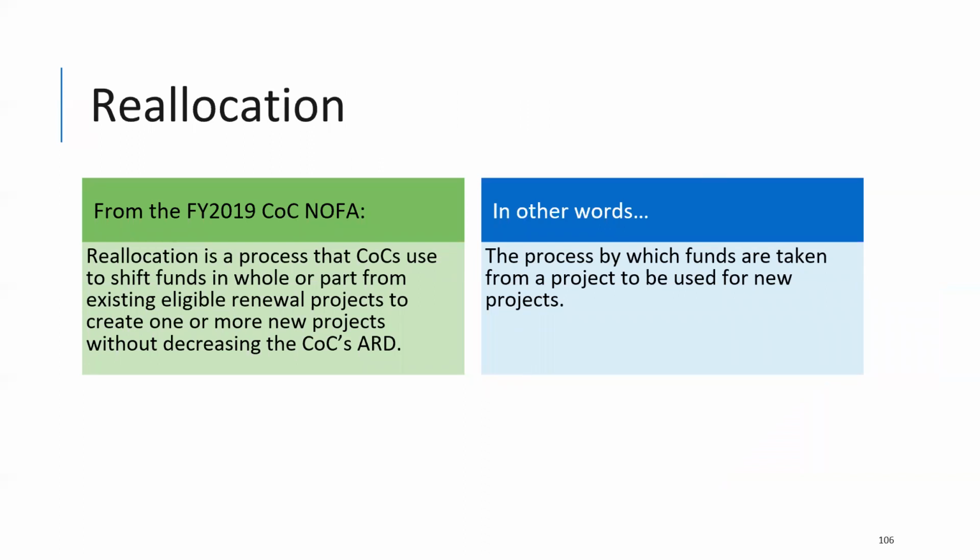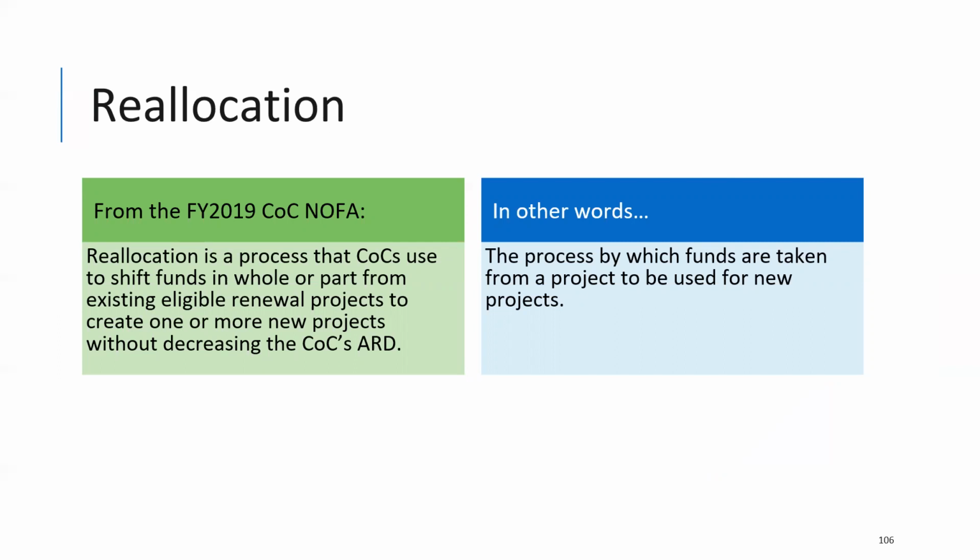A little bit about reallocation. So the language from the FY 2019 CoC NOFA says, reallocation is a process that CoCs use to shift funds in whole or part from existing eligible renewal projects to create one or more new projects without decreasing the CoC's ARD. So the CoC is keeping that money, but using it for a new purpose.